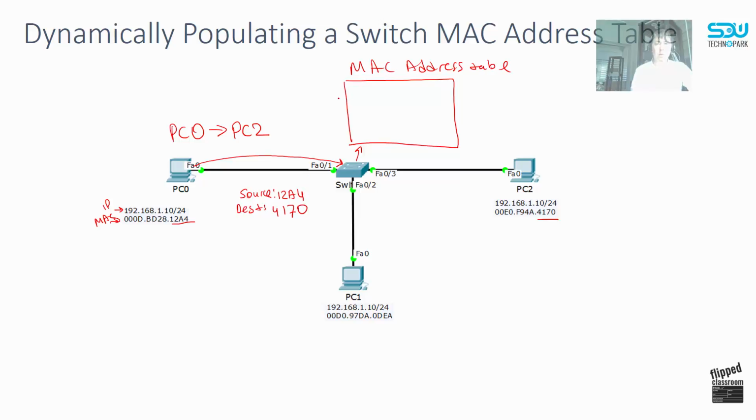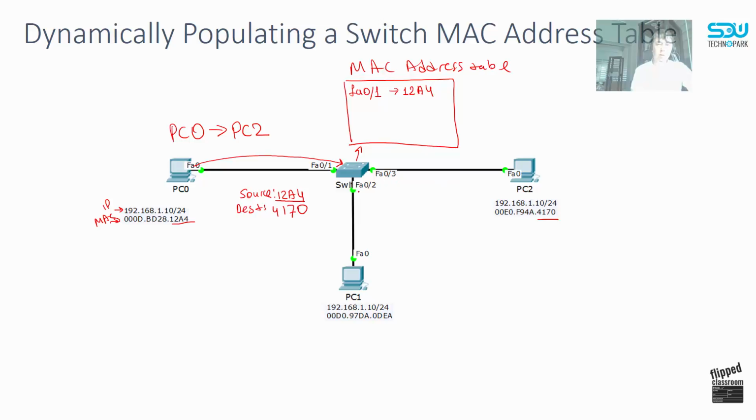After our switch received this frame, as we see, we have the source MAC address. So the switch immediately writes here information about port FA01, mapping it with the source MAC address 12A4. Then the switch has to resend this frame to PC2, but it doesn't know that port FA03 is bound to PC2.